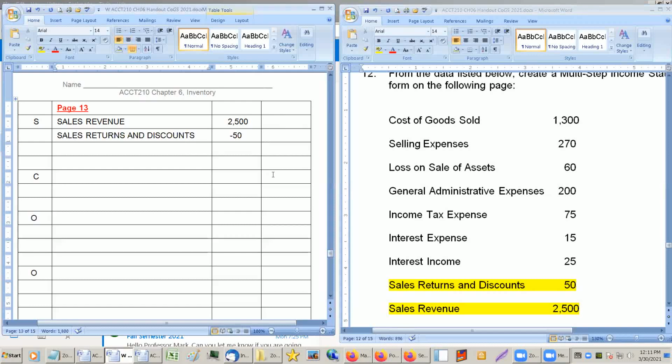And this is what we call our net sales or revenues. 2,500 minus 50 is what, 2,400?